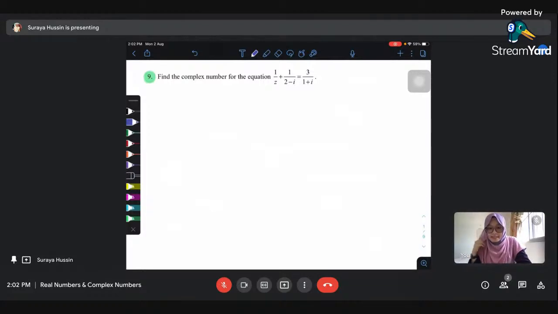Is it clear? Is the screen clear? Adakah skrinnya kamu nampak tulisan saya? Besarkan skrin kamu. Okay, skrin boleh nampak, suara saya pun dengar ya? Okay, very good. So we shall start now.